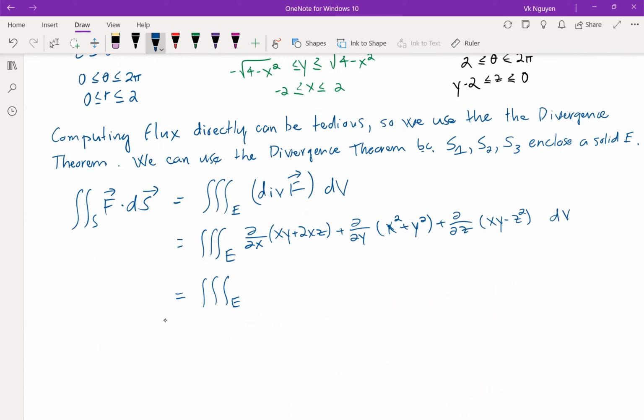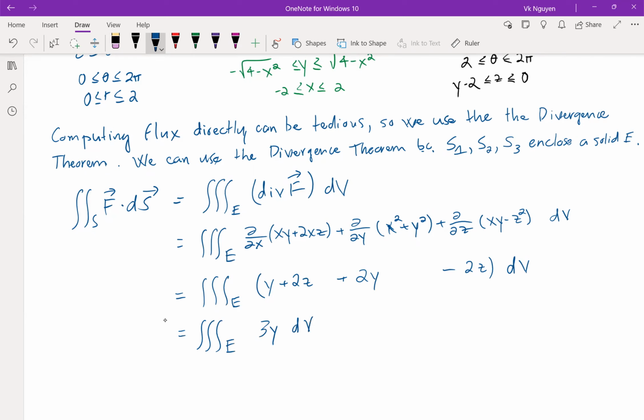Taking the partial derivative with respect to x, we get y plus 2z. With respect to y, plus 2y. And then with respect to z, minus 2z, dV.